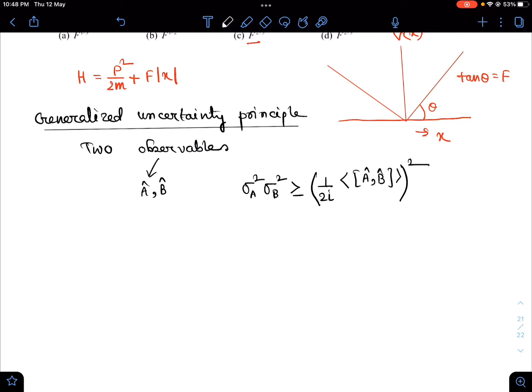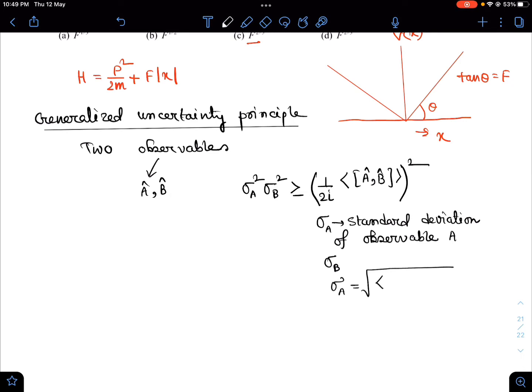So what is sigma A and sigma B? Sigma A and sigma B represent the standard deviation of the observable A, I mean the observable corresponding to the operator A. Similarly, sigma B is the standard deviation of operator B. And we know standard deviations are defined by this formula.